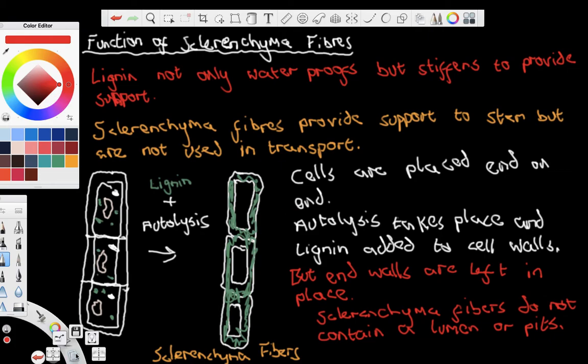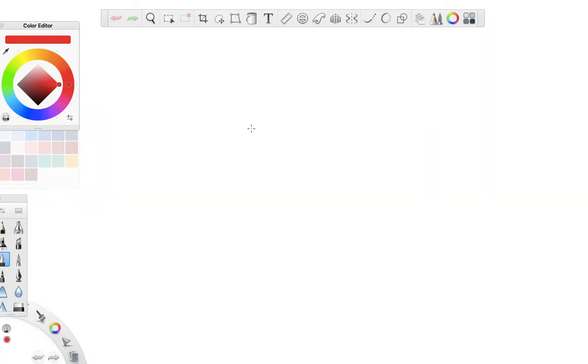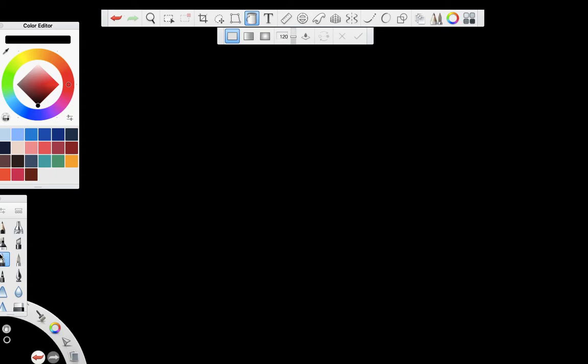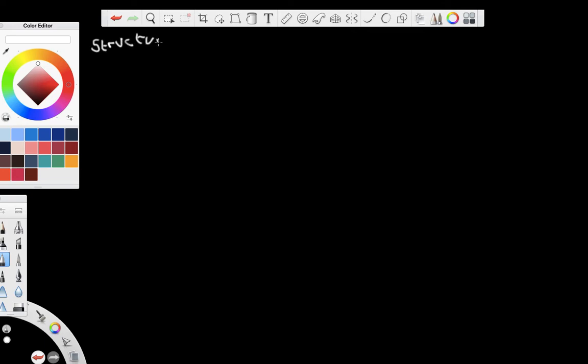Let's get on to our last one. So we need to refresh the screen. I am going to need to nick a diagram off my notes again. Could we put the subheading, please? Structure of phloem tissue, and underline it.